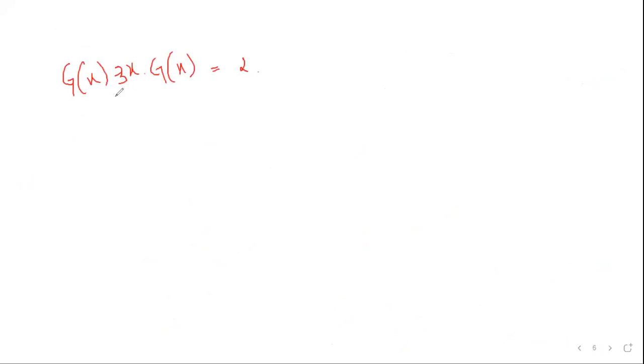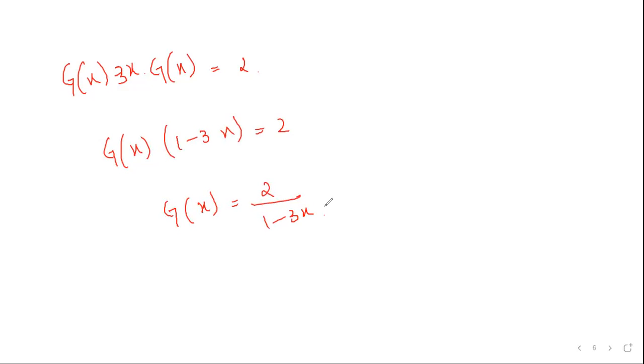So now over here, if I take g of x as common, I will have g of x into 1 minus 3x is equal to 2. What is the generating function given as? 2 by 1 minus 3x. Now, we have studied earlier, in the earlier session, 1 by 1 minus ax is equal to sigma k is equal to 0 to infinity ak x power k. We know that 1 by 1 minus x is equal to 1 plus x plus x square and so on.